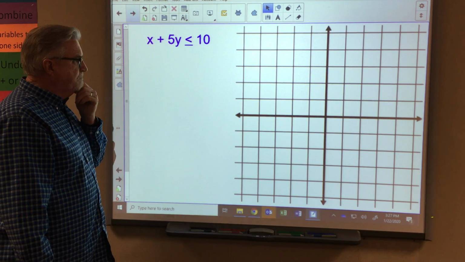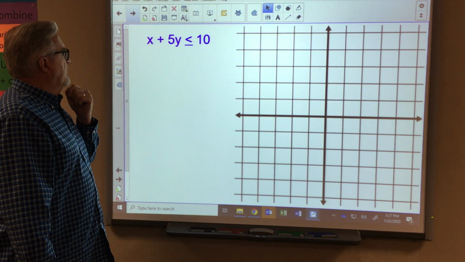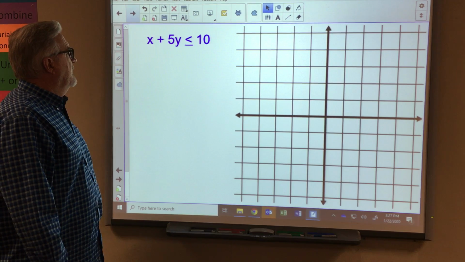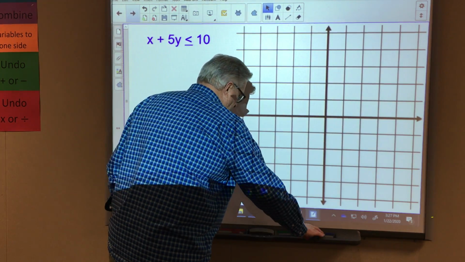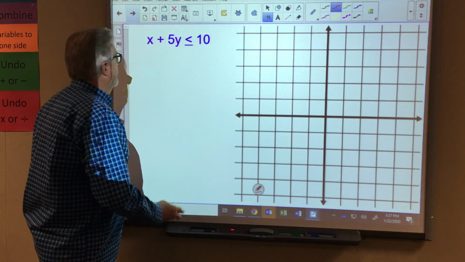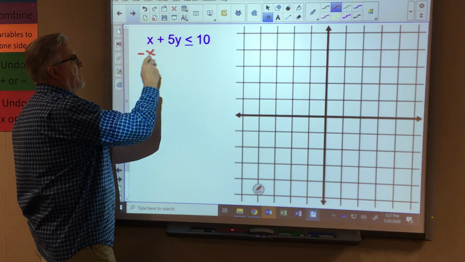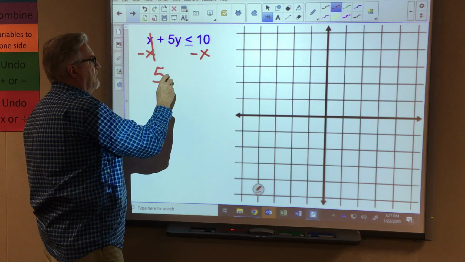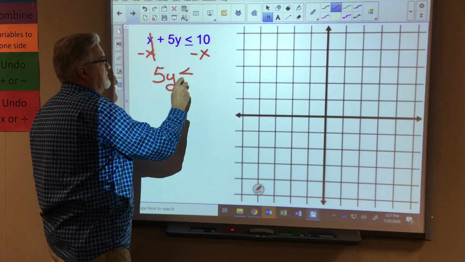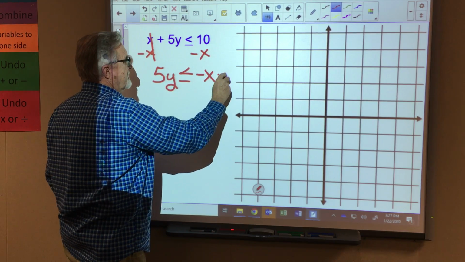Let's try another one. On this one it says x plus 5y is less than or equal to 10. We need to isolate y. We're going to do it by first subtracting x from both sides. That's going to give us 5y is less than or equal to negative x plus 10.